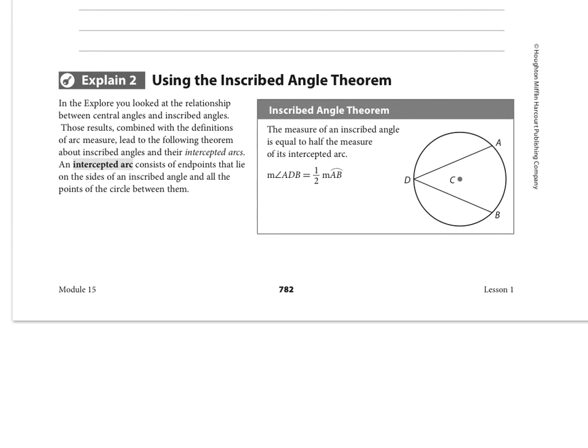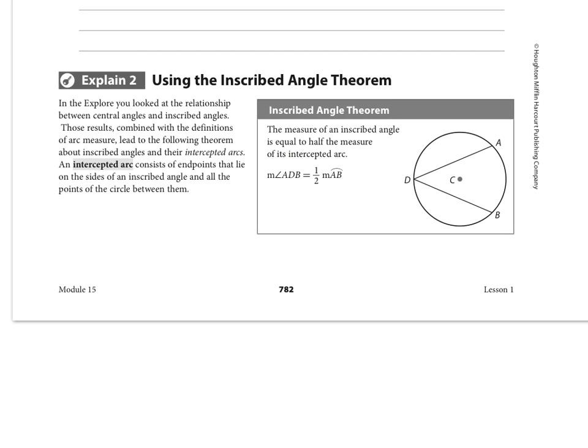And remember, the inscribed angle is the one where that vertex is right on the outside of the circle. So there's a theorem that we can look at called the inscribed angle theorem, and it says that the measure of angle ADB, which is the inscribed angle, is always equal to half the measure of its intercepted arc.